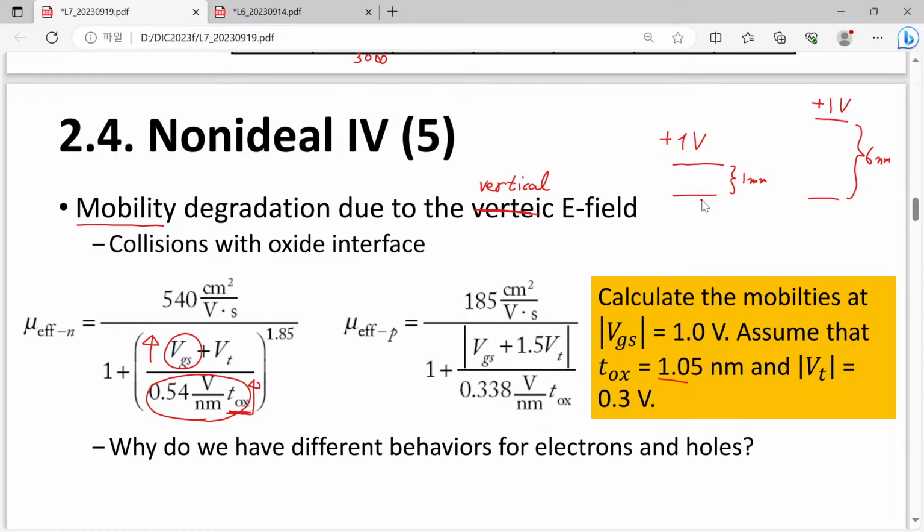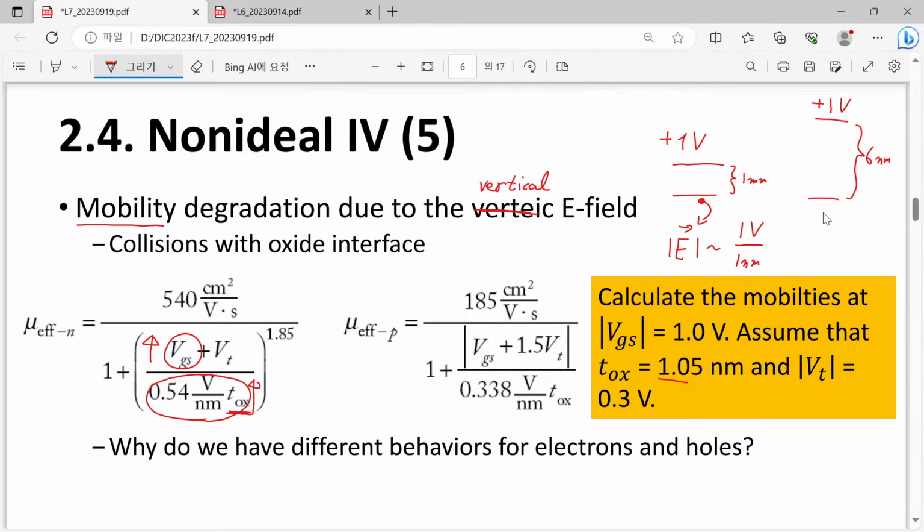Then please try to estimate the increase of your electric field. How much electric field you will get out of it. This is just a rough estimation, but the value will be about 1 volt divided by 1 nanometer.